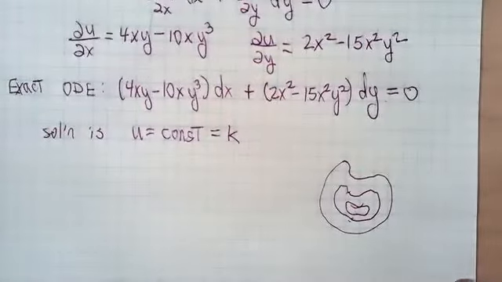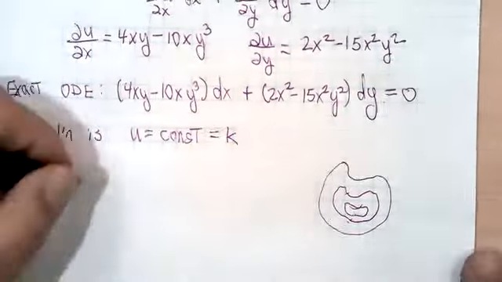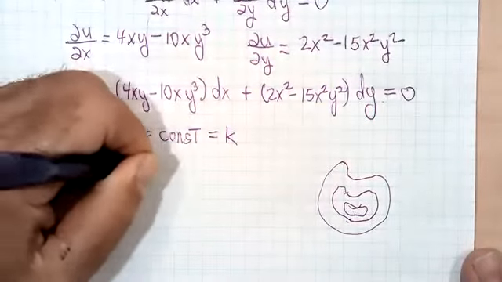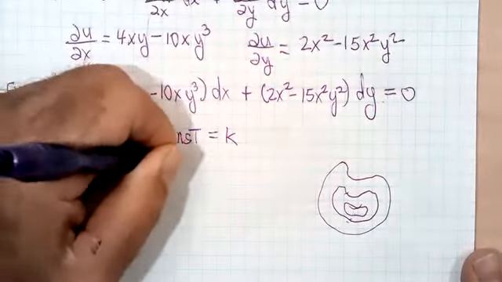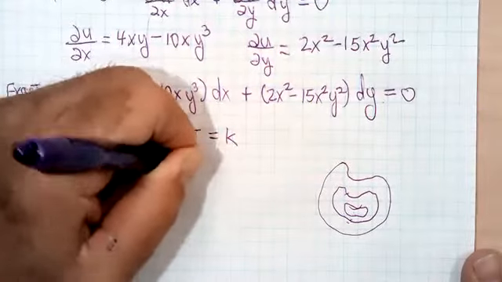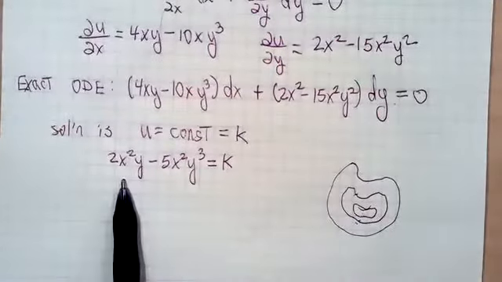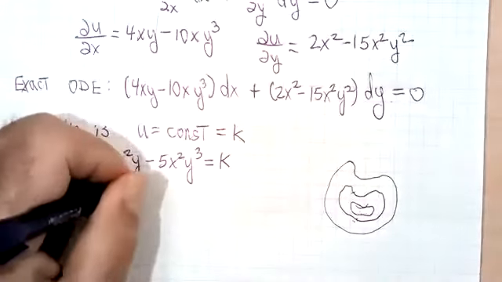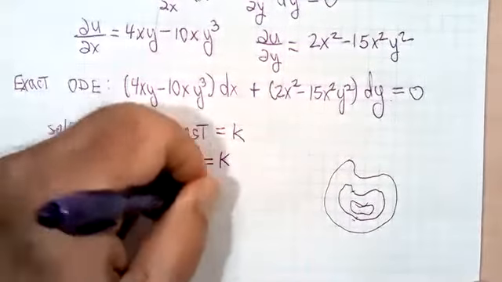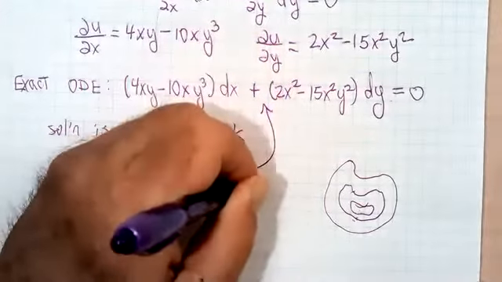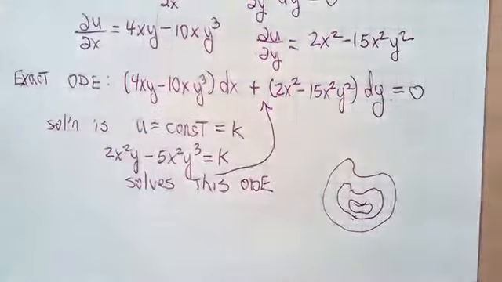Now, if I could reconstruct the u, and we'll talk about how to do that in just a moment, that would tell me that this is an implicit solution of that ODE.